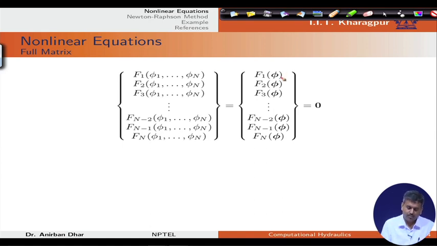In compact form, with the phi vector, I can write this as f(phi) equal to 0, and this is again a vector. Obviously, individual terms will be 0 in this case.